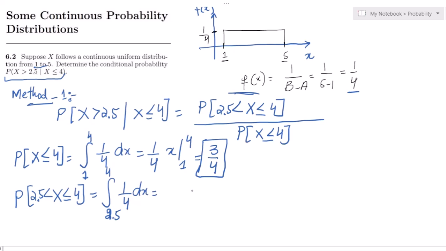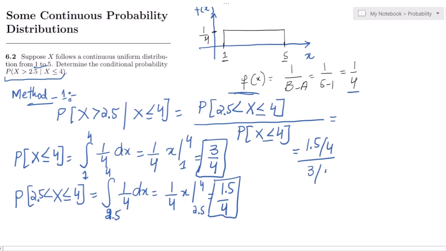Writing it, we get the similar one, and it is 4 minus 2.5, which is 1.5, divided by 4. Taking both of these values, 1.5 divided by 4 divided by 3 over 4, the 4s cancel out, so ultimately we get 1 by 2.